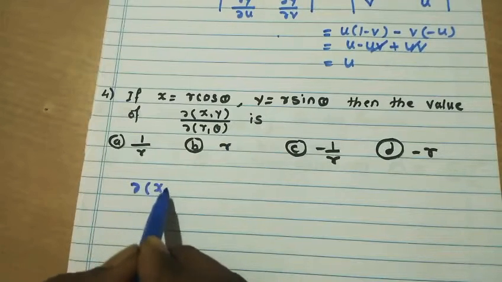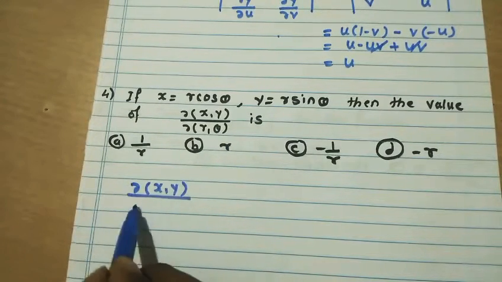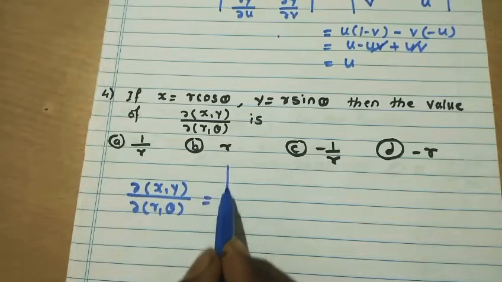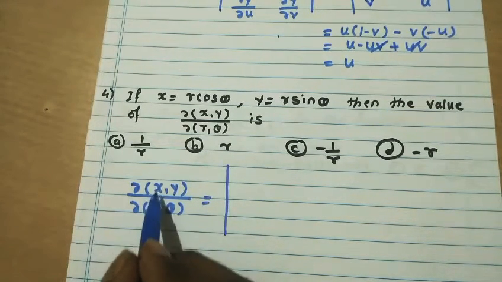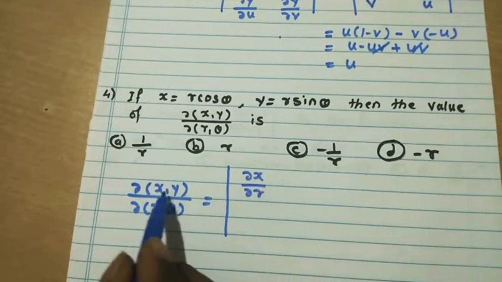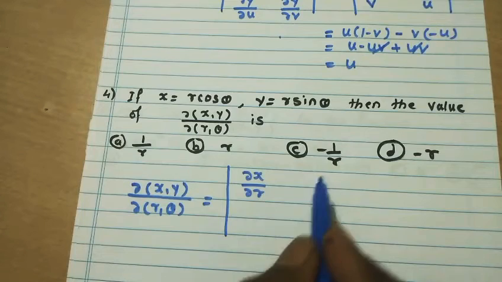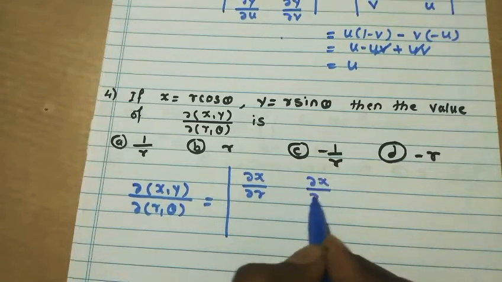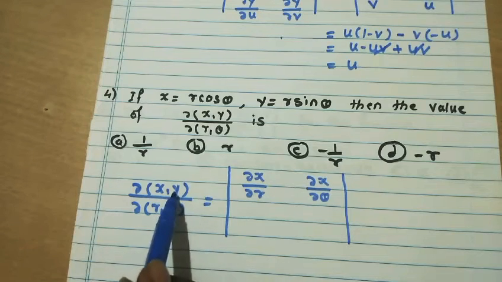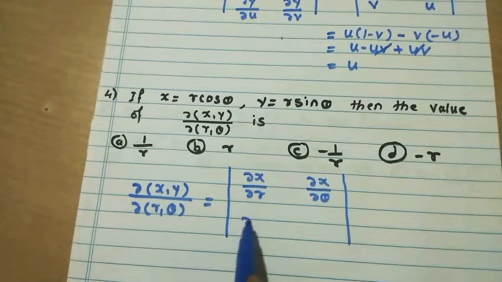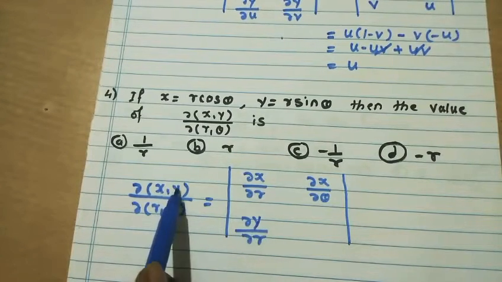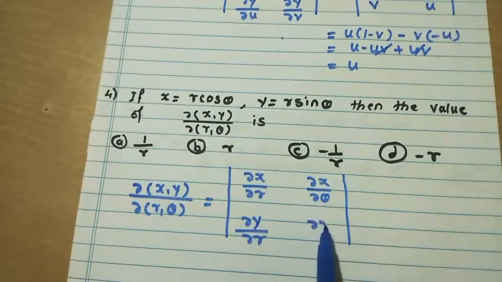So it is equal to the determinant of del x by del r, then del x by del theta, in the second row del y by del r, del y by del theta.